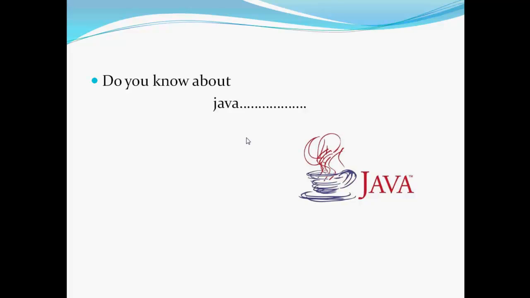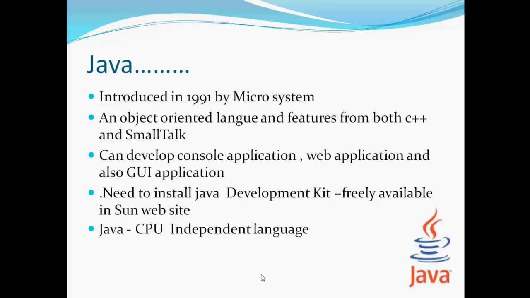Java is currently one of the most popular programming languages in use and is widely used from application software to web applications. James Gosling, Mike Sheridan, and Patrick Naughton initiated the Java language project in June 1991.